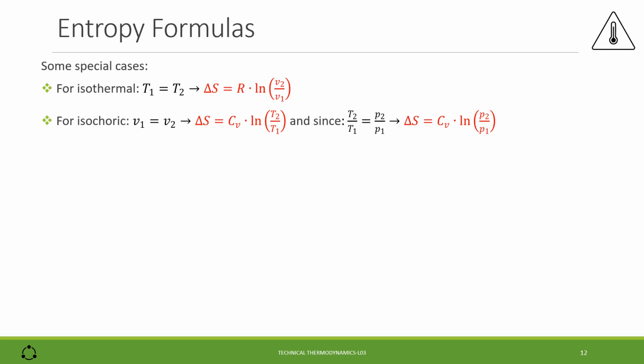Some special cases. For isothermal, T1 is equal to T2 and remains only the logarithm of V2 over V1 times R. For isochoric, V1 is equal to V2 and remains only the logarithm of T2 over T1 times Cv.